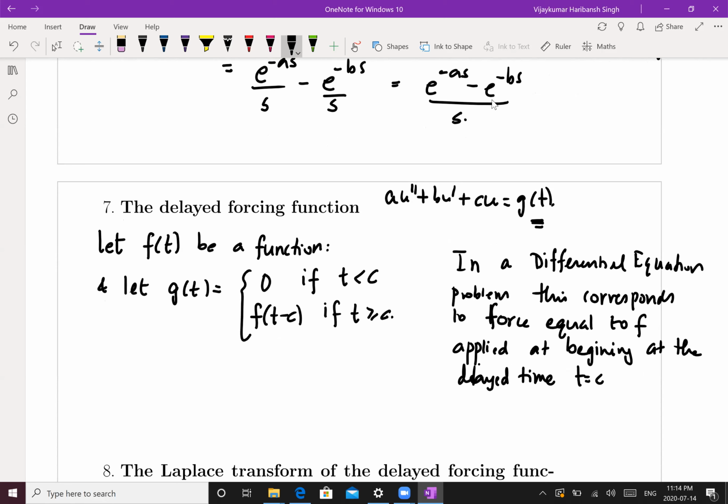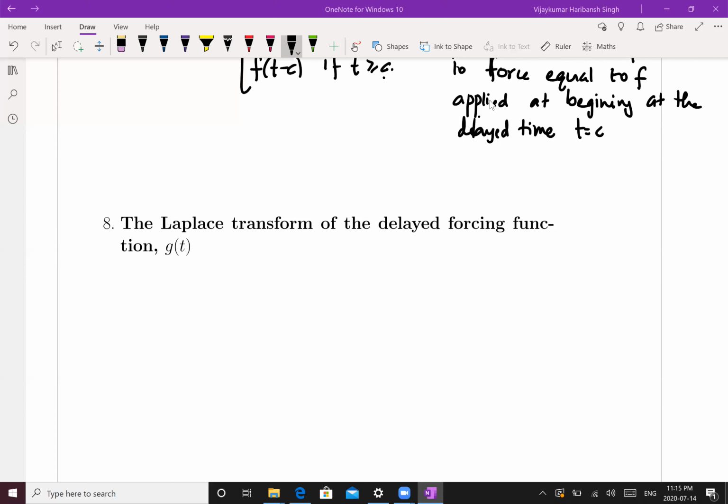So in some sense, you're not starting to apply the function until time t equals c. And when t equals c, you are applying f of 0. So it's the same function f of t you're applying on your differential equation, but it is applied after a delay of c.